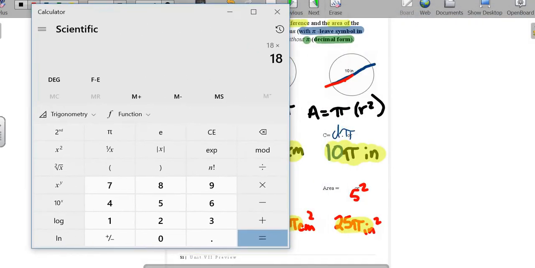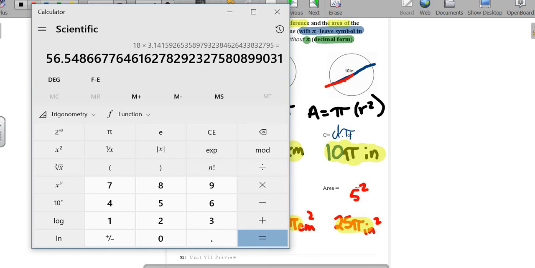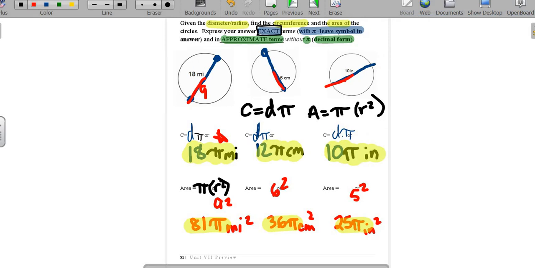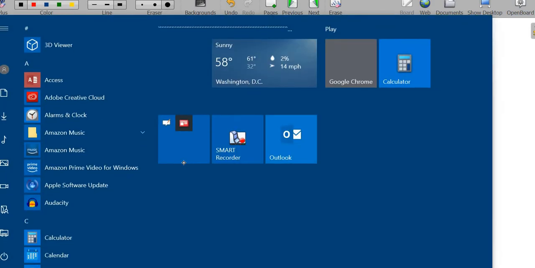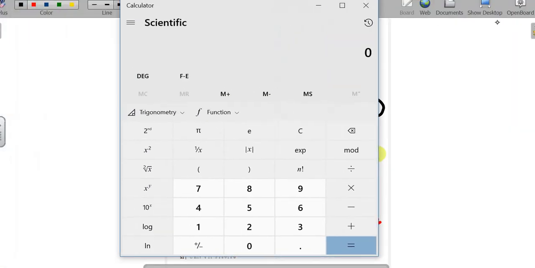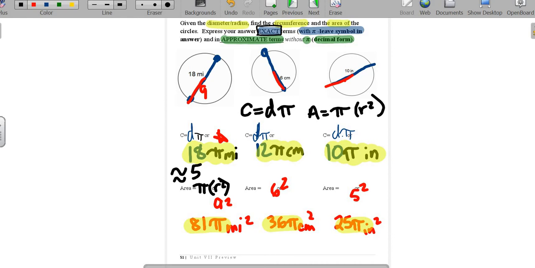There it is. Pi. Ta-da! Take it to the second decimal. That's 56.55. Approximately, and I really want that approximate because I want you to realize that this is the approximate form. 56.55 miles.